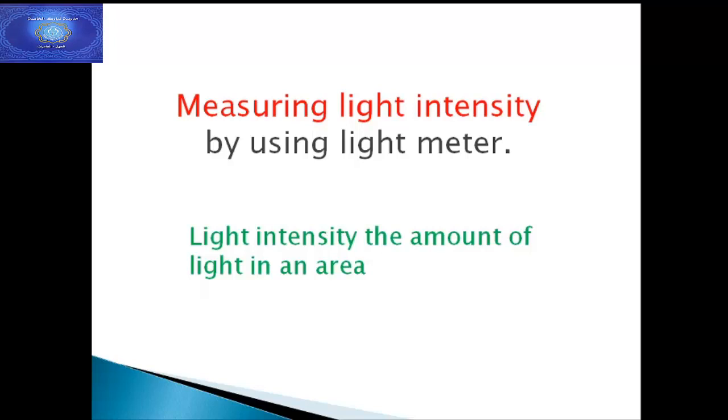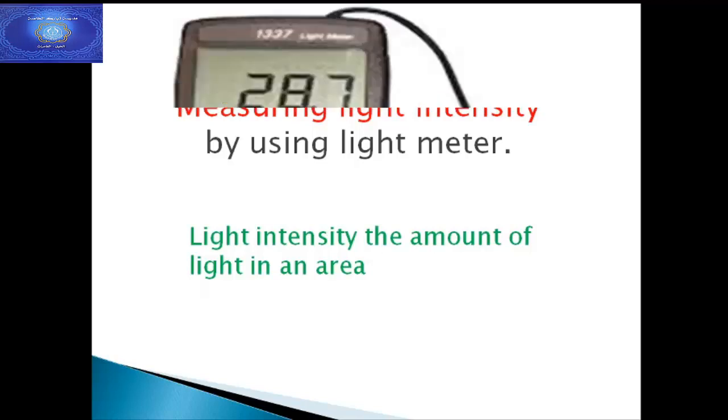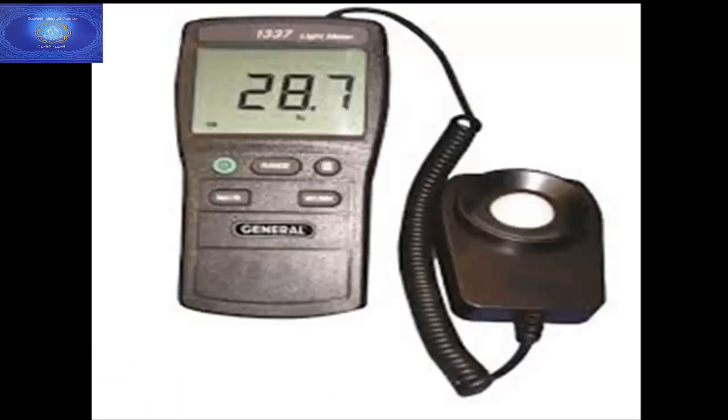Light intensity means the amount of light in an area, and it is measured by using an instrument called a light meter. This is the light meter. It gives us numbers to tell the amount of light in an area.